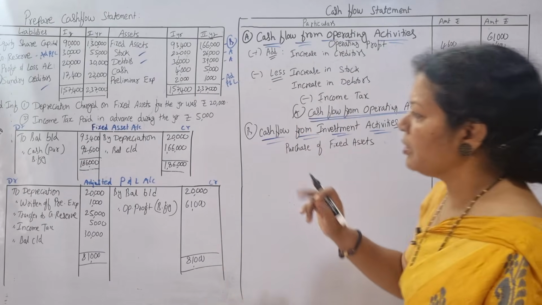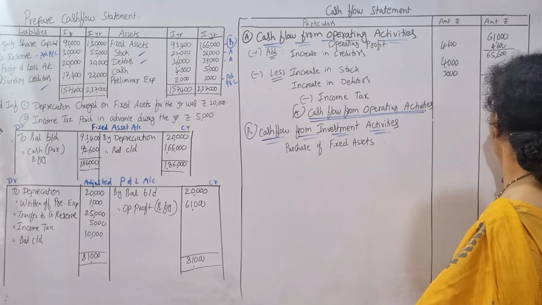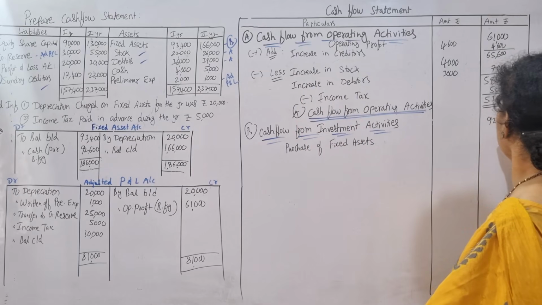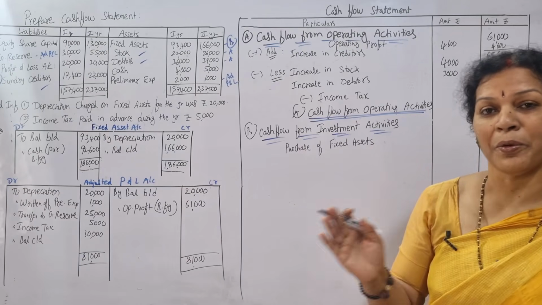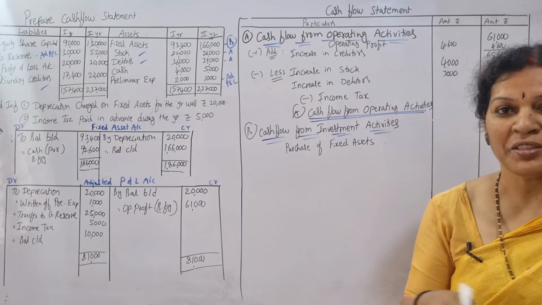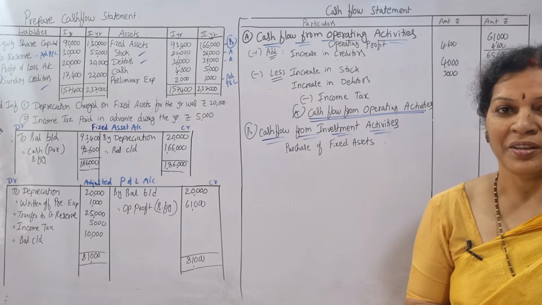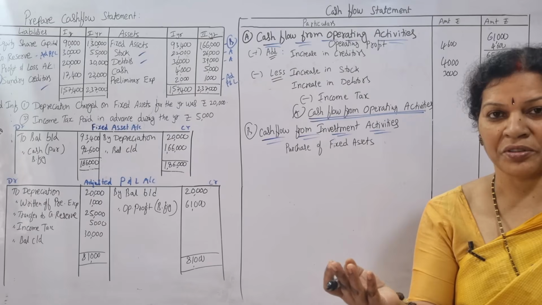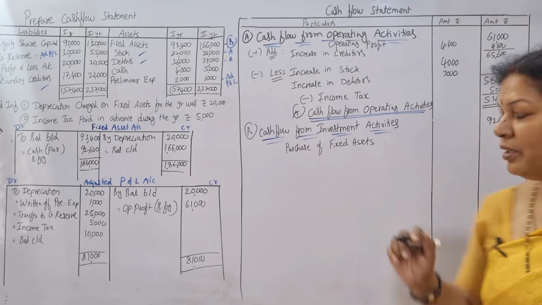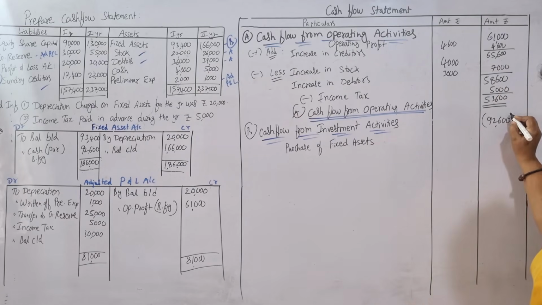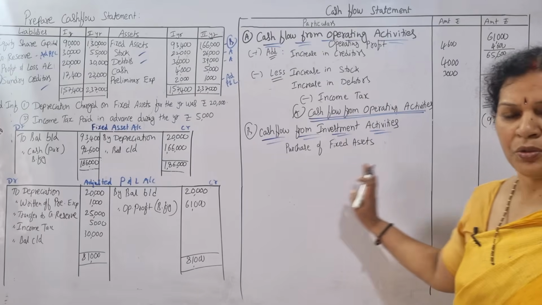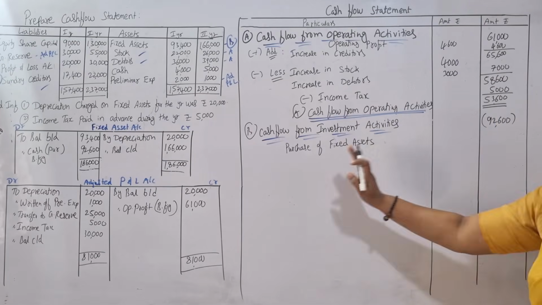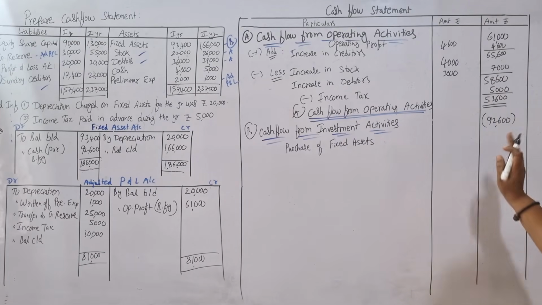How much? 92,600. Purchasing means cash outflow. Selling means cash inflow. Whenever cash is going out, that is to be a minus value, so writing it in brackets. We have only one asset, so that we have written. The same one is the cash flow from investment activities.